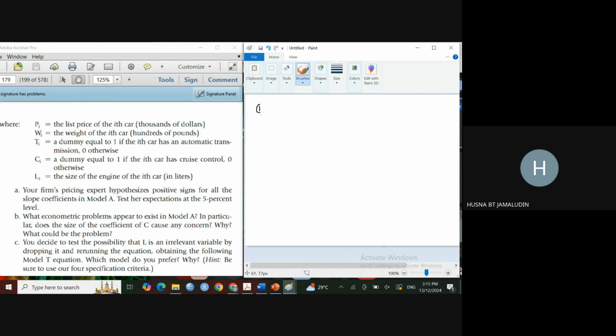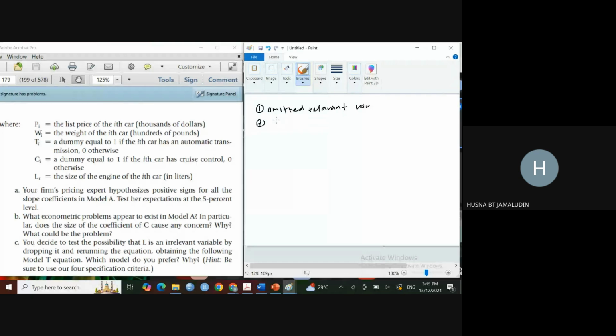When they talk about an econometric problem, think about omitted relevant variables. You have to figure out what other possible relevant variables should be included in the equation. And second, you have to look at the existing variables in your model.